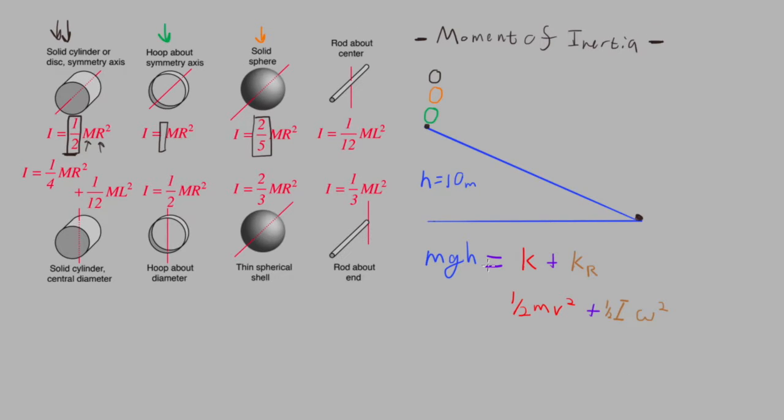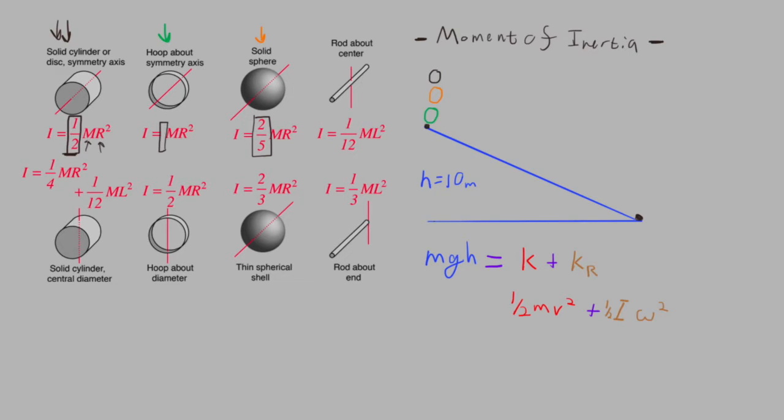And so when we have each of these objects rolling down, it has 1/2 mv squared plus 1/2 I omega squared. That'll be its final energy. Some of its energy is going to go into straight linear motion, but some of that energy is going to go into rotational motion. And so let's look at each one of these shapes.